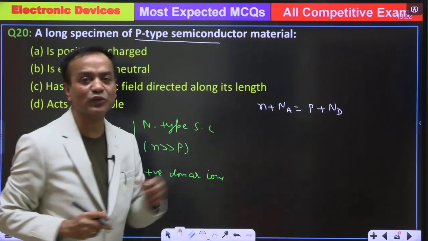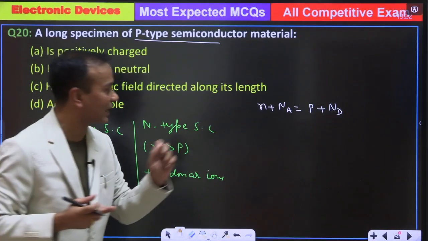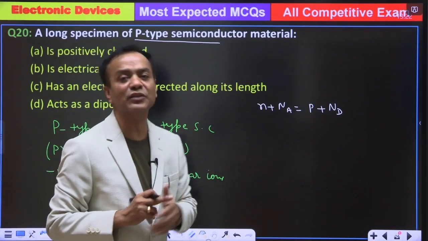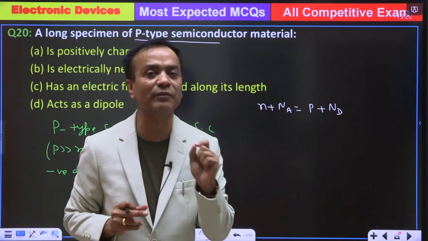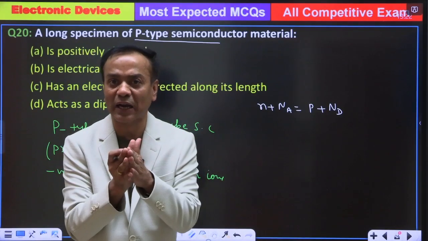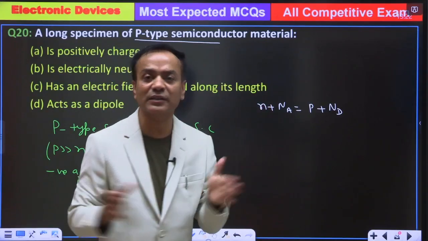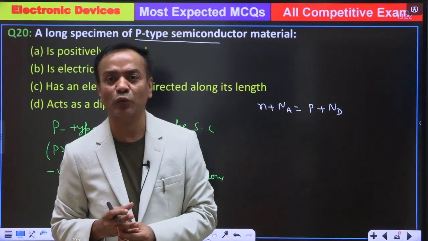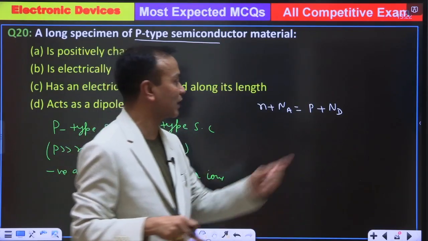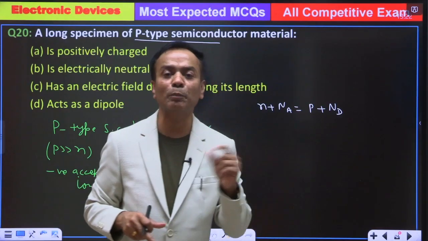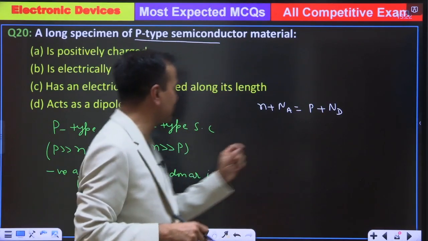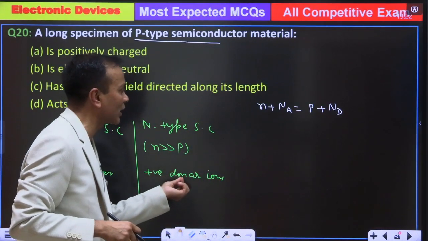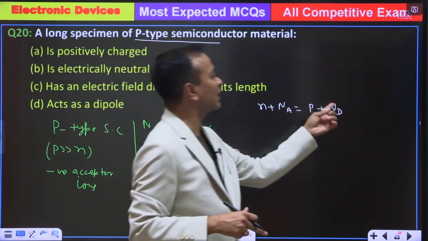This n is the negative mobile charge carrier, the electron, and this Na is the acceptor negative ions. Both the similar charges can be added together. Similarly, on the right hand side, p means holes. Holes have positive charge, and Nd is called what? Doping atoms. Their concentration is the same as the positive donor ions here. So this can be added together.